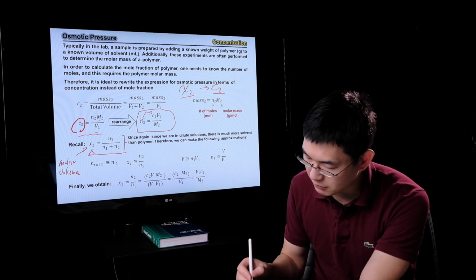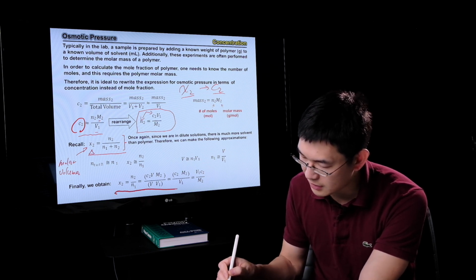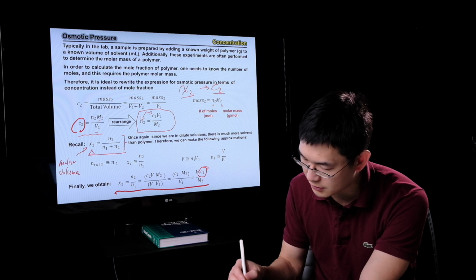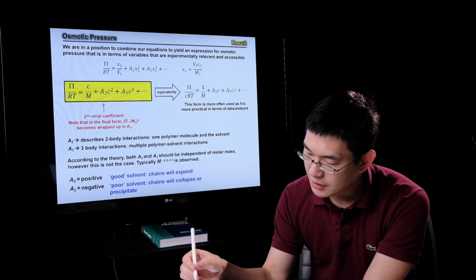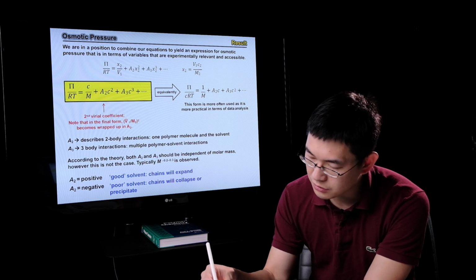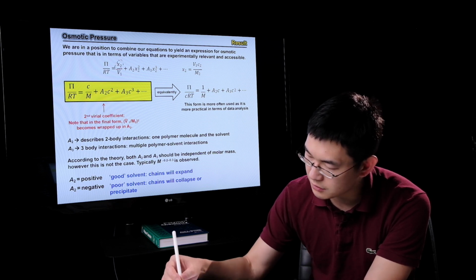This is what we can show here, how x2 relates to C2. And we're going to do one more thing, which is to change the x2 conversion into C2.